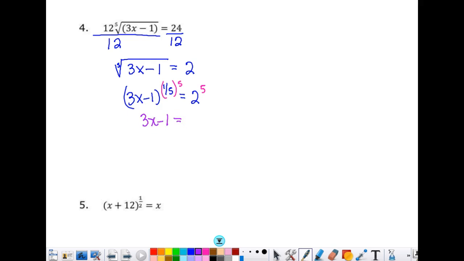What is 2 times 2 times 2 times 2 times 2? 2 times 2 is 4, times 2 is 8, times 2 is 16, times 2 is 32. Okay? So add 1, 3x equals 33, divide by 3, x is 11.